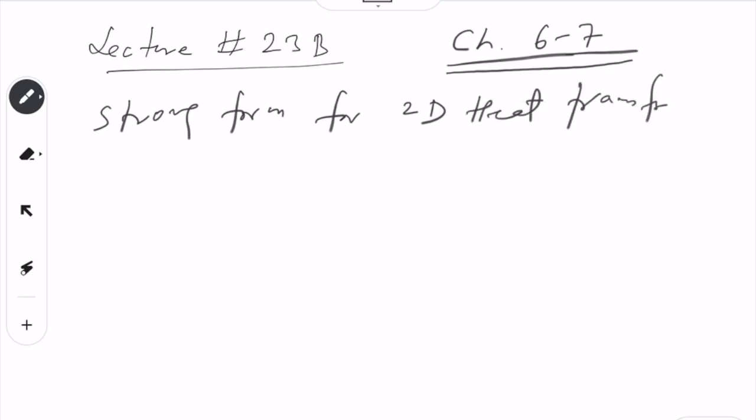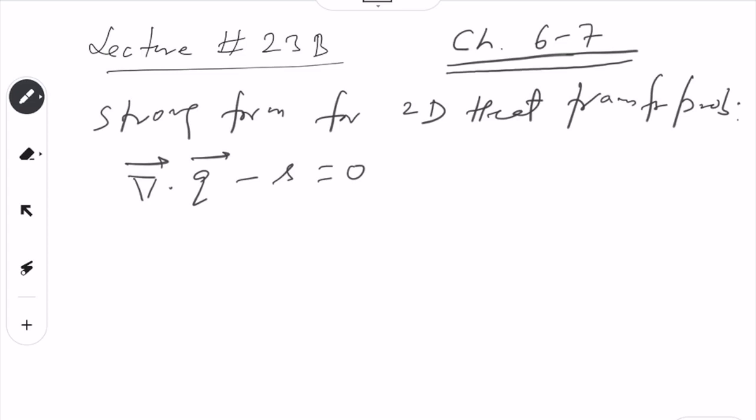So, basically in chapter 6 and chapter 7 we first found out the strong form for the 2D heat transfer problem, which was given by: divergence of Q, where Q is a flux, minus S equal to 0.